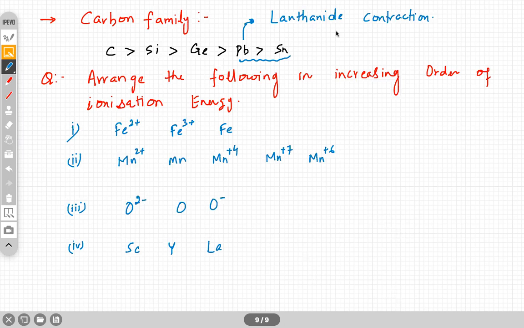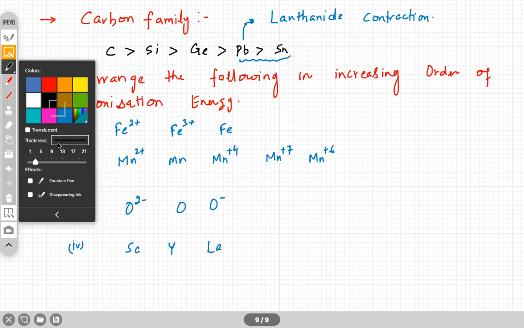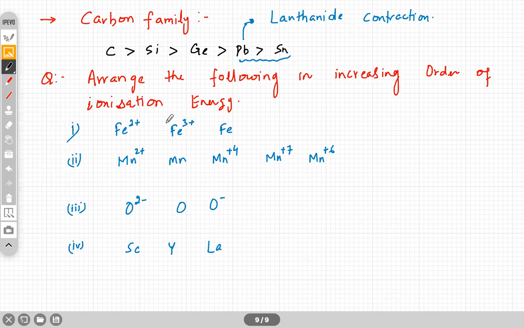Okay. So the first one, if you see, positive charge increases means size decreases, and size decreases means difficult to remove an electron, and that's why the ionization energy is maximum for Fe3+ because of size, simple.